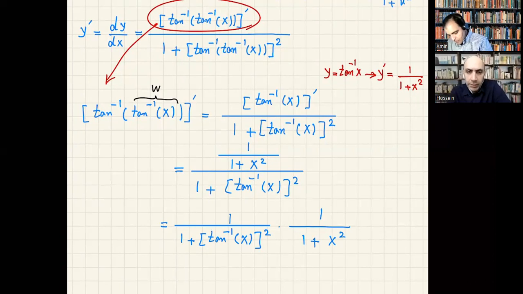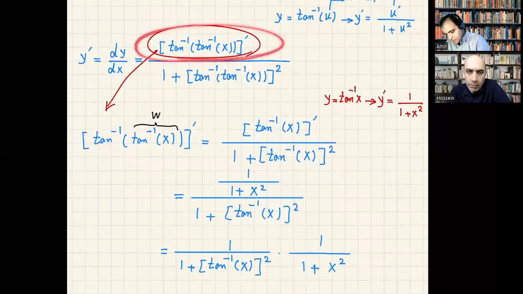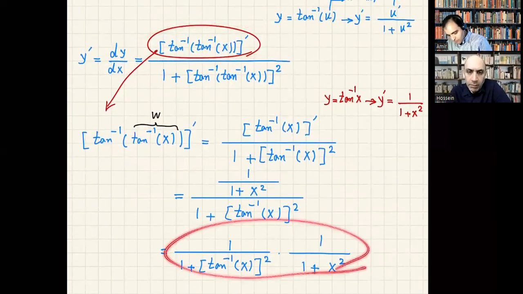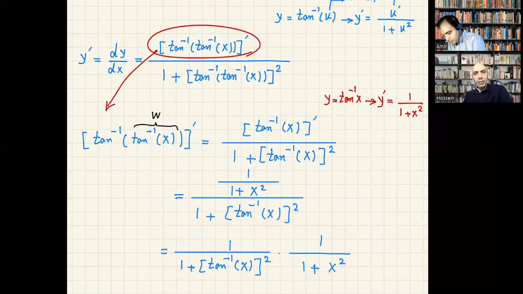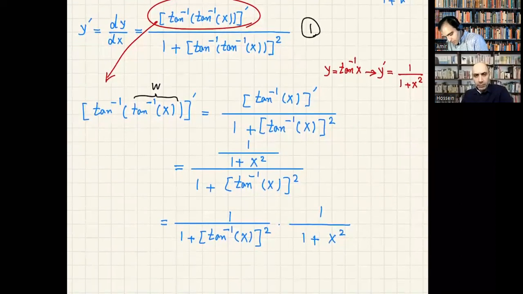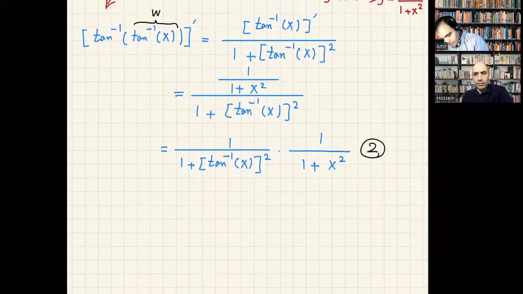Instead of this expression in the numerator, I'm going to put this one. Just plug it back into the first equation. If I call it equation number 1 and this one equation number 2, from 1 and 2 we can conclude the following.